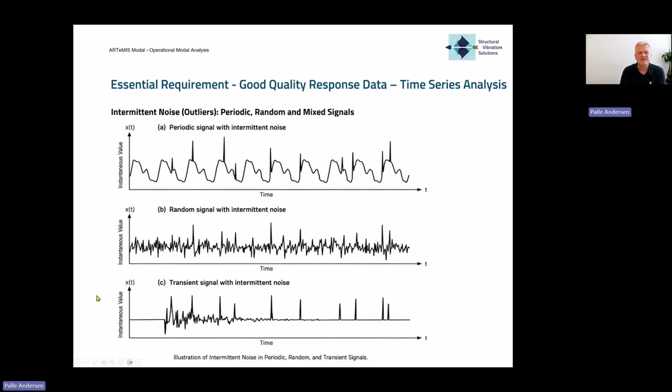Then we have also things like outliers. It's also called intermittent noise. But it's simply that we have peaks, really sharp, high peaks occurring in the data. And this actually creates a lot of noise in the analysis, and is something that we should avoid.